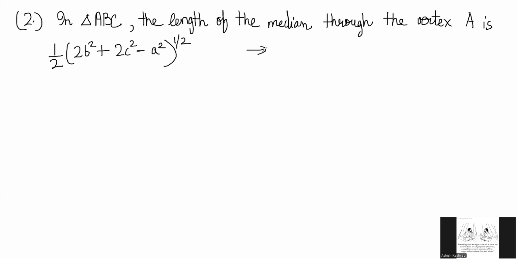So basically, this is supposed to be half of root over 2b square plus 2c square minus a square. So let's try to do this proof by using vectors.